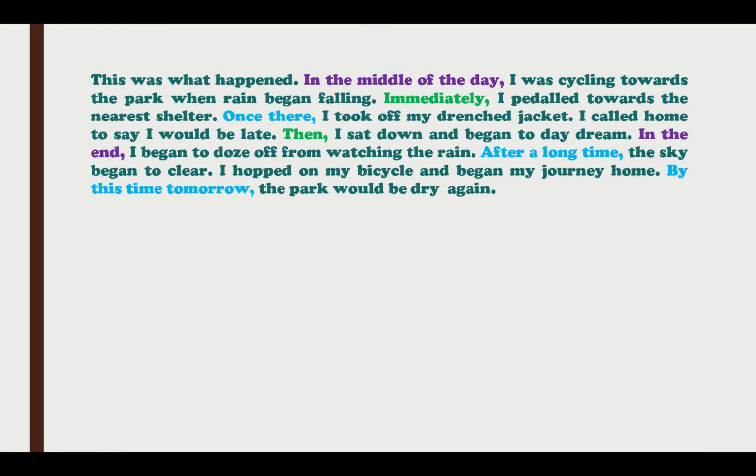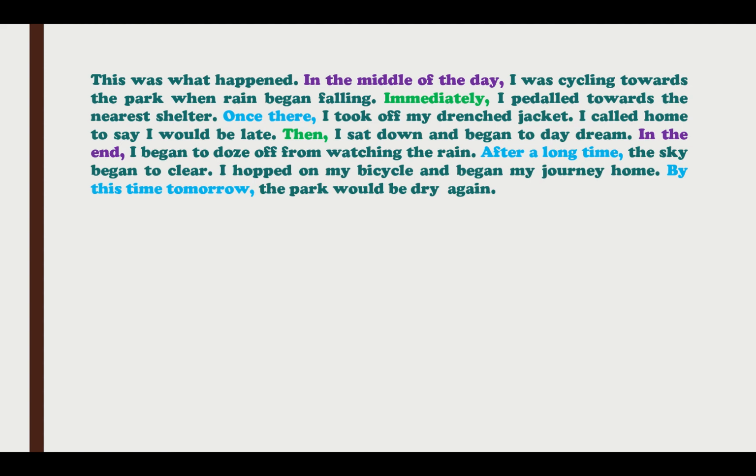Let's read this together once more. This was what happened. In the middle of the day, I was cycling towards the park when rain began falling. Immediately, I paddled towards the nearest shelter. Once there, I took off my drenched jacket. I called home to say I would be late.